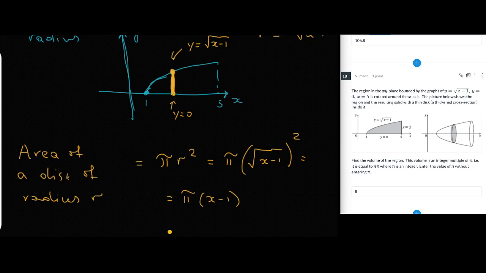And as we move on to the right, for example, the rightmost cross-section corresponding to x equals 5 will be a disk of radius 2, square root of 5 minus 1, and the area of that disk is going to be 4 pi. Somewhere in between 1 and 5 we're going to get an area between 0 and 4 pi.